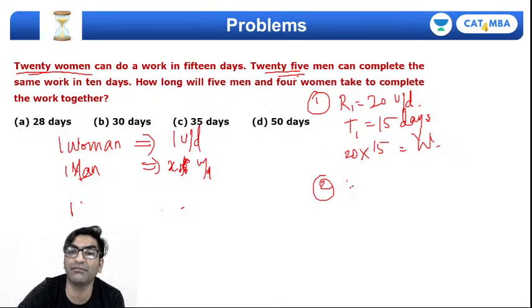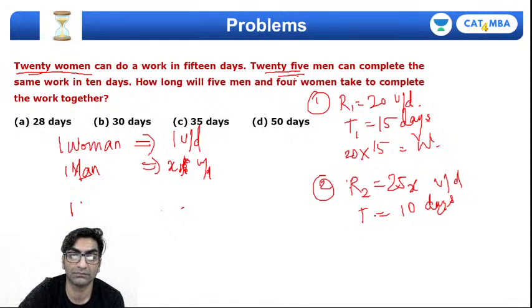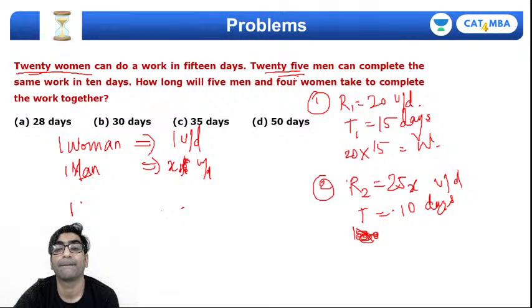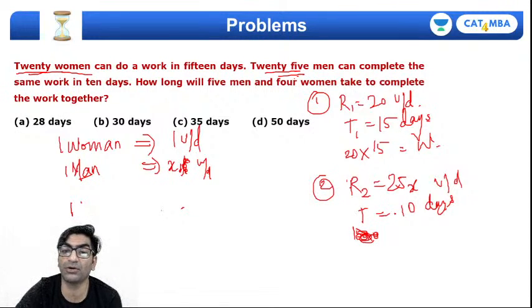So if you have 25 men, then the new rate will be 25x per day and time given to him is 10 days. But this is going to be the same amount of work, right? So I can equate. So 20 into 15 should be equal to 25x into 10.